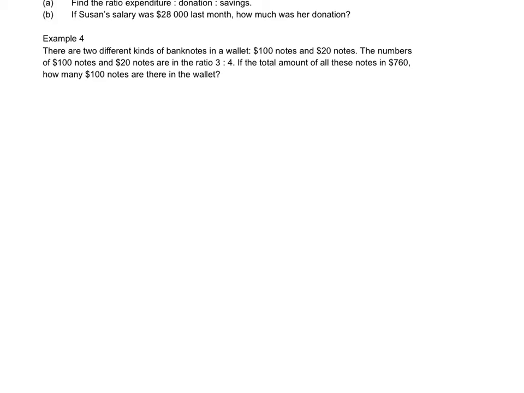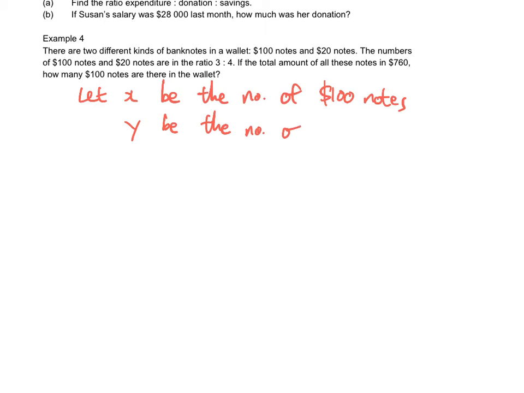In particular, you should have 2 unknowns here. The first one is let x be the number of 100 NOKs. Let y be the number of 20 NOKs. The first thing.